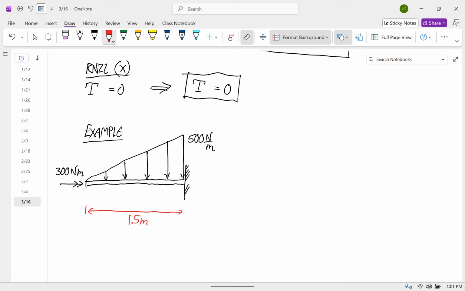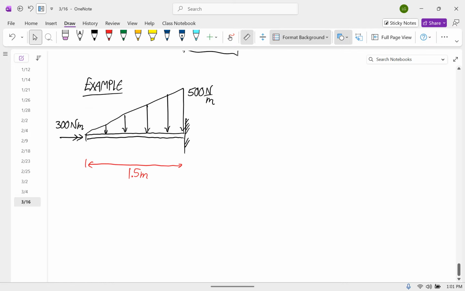How many cuts do we need for this? Just one, because in between the endpoints, there's no point forces, no point couples, no changes in distributed load function. So my first cut is going to be valid for x between 0 and 1.5.